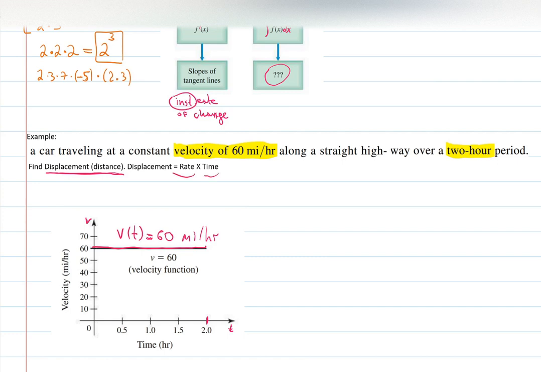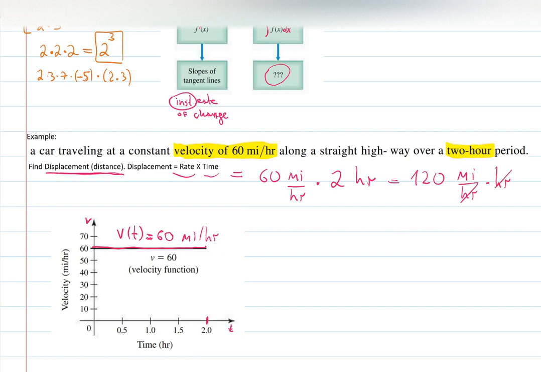So if I was traveling 60 miles per hour, I will even write it down this way as a fraction, per hour, and I was traveling for 2 hours, it will become 120 miles per hour times hour.